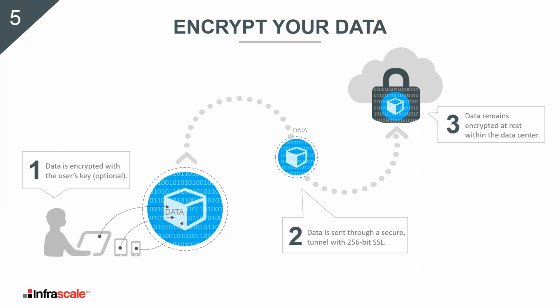So you need 2 keys to access the data. And really the way to do that is by having 2 separate keys, dramatically lowering the chances of an attack being successful. So the approach there is to encrypt your data locally with a key that only you have and the vendor doesn't. And then when the data gets to the data center, it's encrypted again with a key that the vendor has and you don't know.